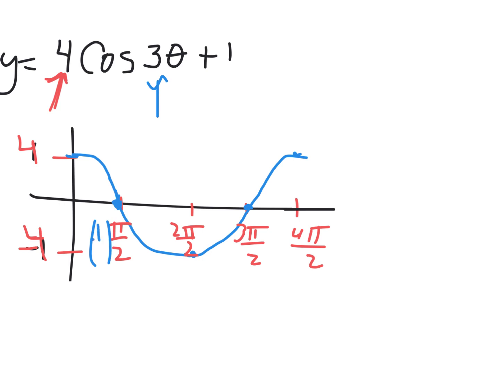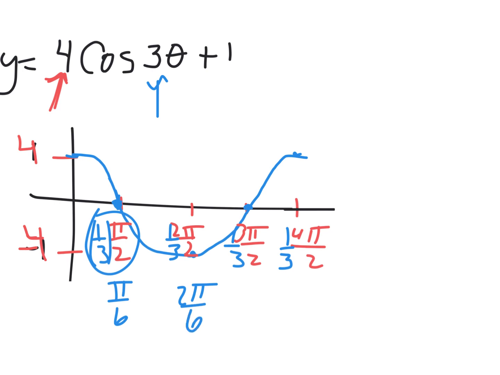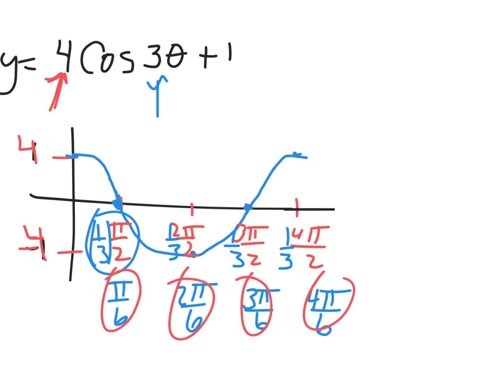I multiply everything by 1/3. If you get this pattern, you're going to go, oh, so it's pi over 6, 2 pi over 6, 3 pi over 6, and 4 pi over 6. I know they're reduced, but it's nice and clean this way. Those are your 4 numbers. Raise your hand if you had the numbering right across the bottom there. Okay, good. Looks like most people are getting that.